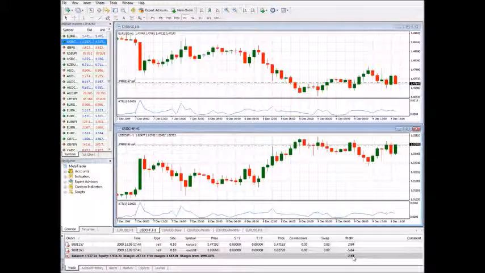Now here's another technique that you can use. You can actually leg into these. You could sell at the same point we sold before, the euro dollar US dollar, and then allow it to move into a profit. When it moves into a profit, then you might want to sell the US dollar Swiss franc, and that will help to protect some profit.